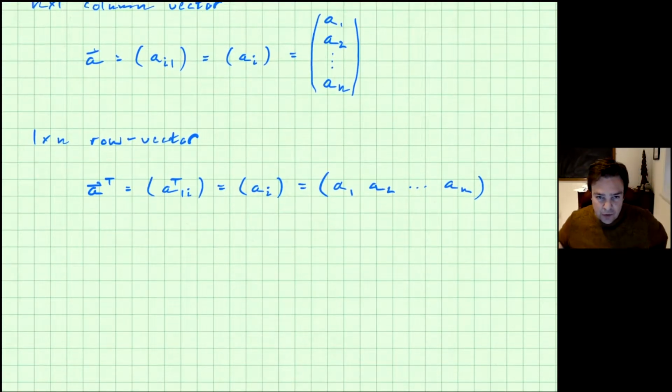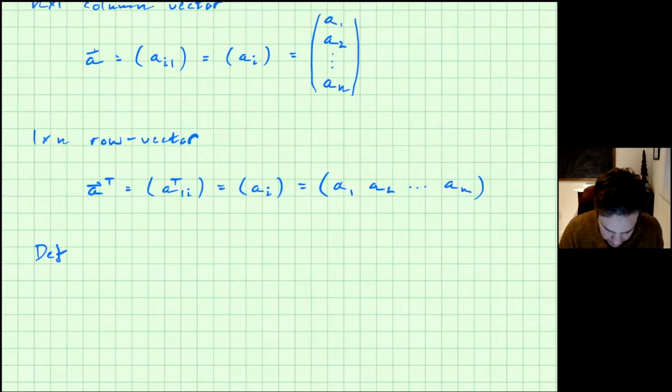For us, and in most contexts that you would encounter them, the default for a symbol with an arrow over it is a column vector. So if unspecified, the default is a column vector. I think that's usually what people do. I don't know if I've ever seen anyone do the opposite.